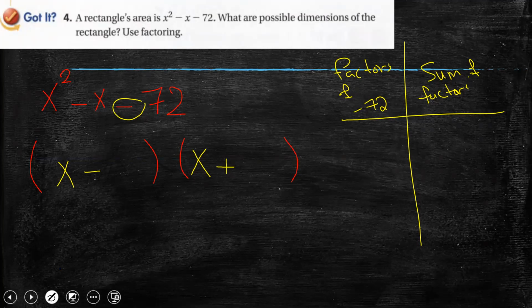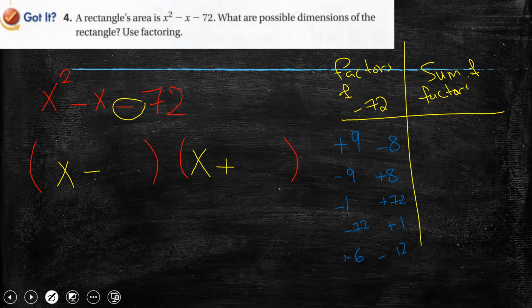Positive 9, negative 8. Negative 9, positive 8. Negative 1, positive 72. Positive 6, negative 12. Now, I will stop here because there's only 1 minute.